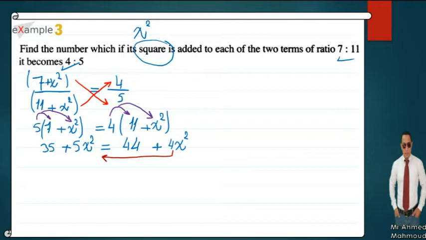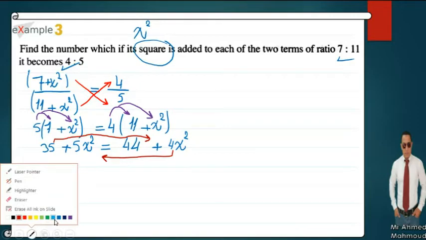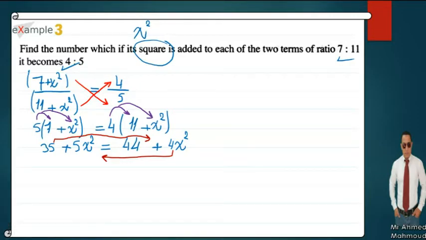x on the left side and 35 on the right side. Okay, it will be 5x² minus 4x² equals 44 minus 35. 5 minus 4 equals 1. It will be x² equals 44 minus 35 equals 9.